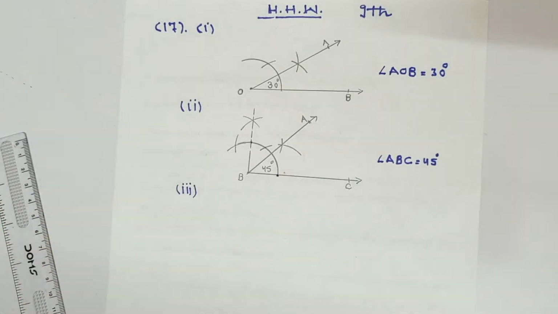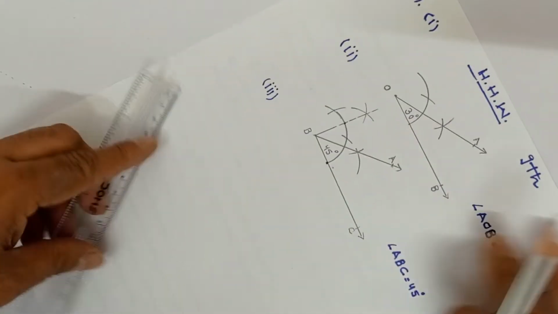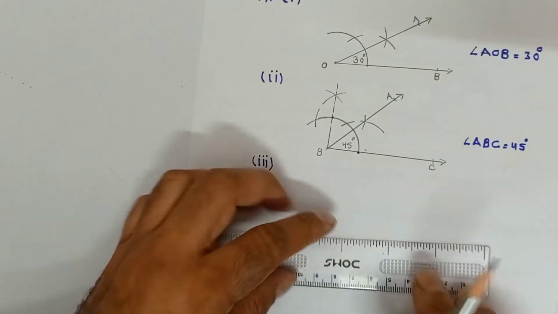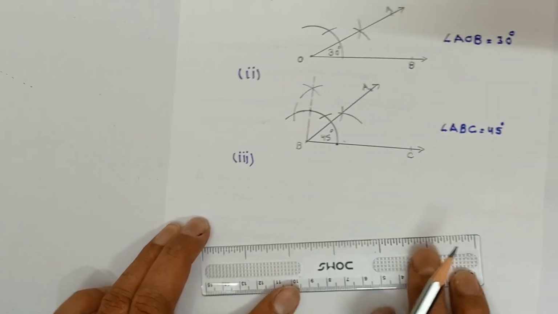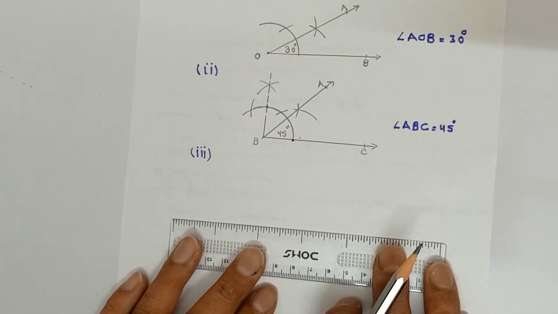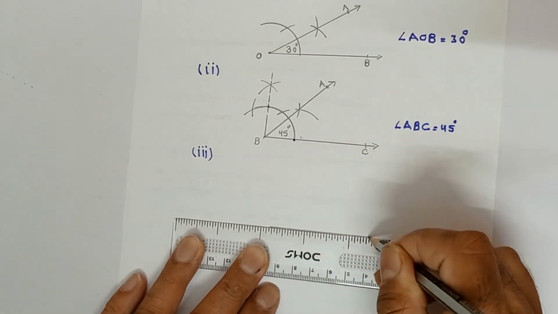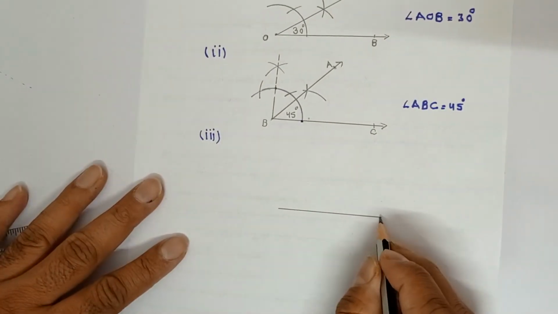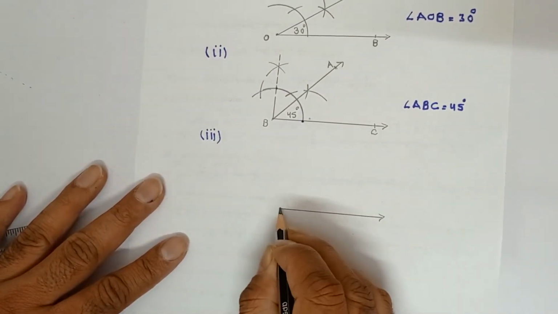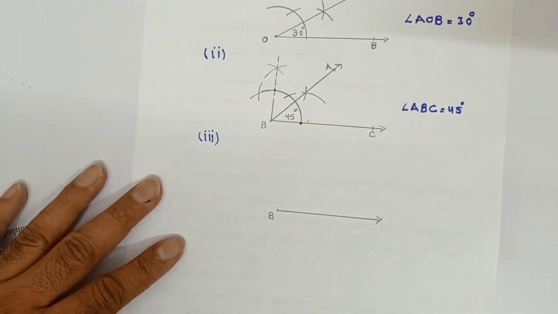Part number third is of 105 degree. So let's make 105 degree. For 105 again you need to make 90 degree. So keep on doing with me. This way we have taken a ray. Then we need to make here at point B 90 degree first.